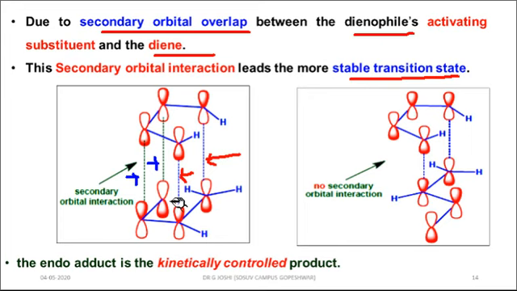This secondary interaction usually takes place between the HOMO of diene and the LUMO of dienophile.